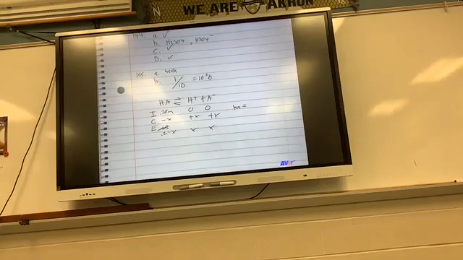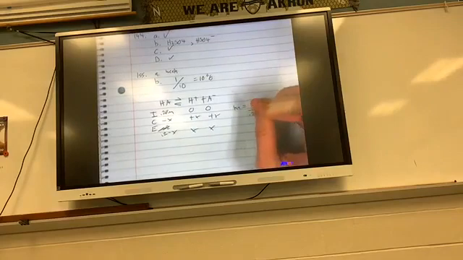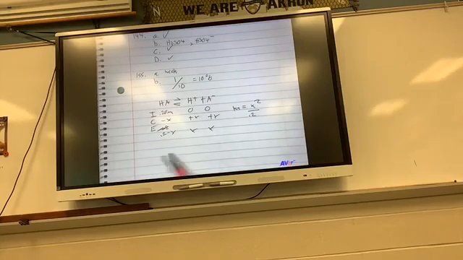So, we're solving. Ka equals x squared over 0.2. Agreed? Yes? Now, how am I going to get this? Is there one H plus?